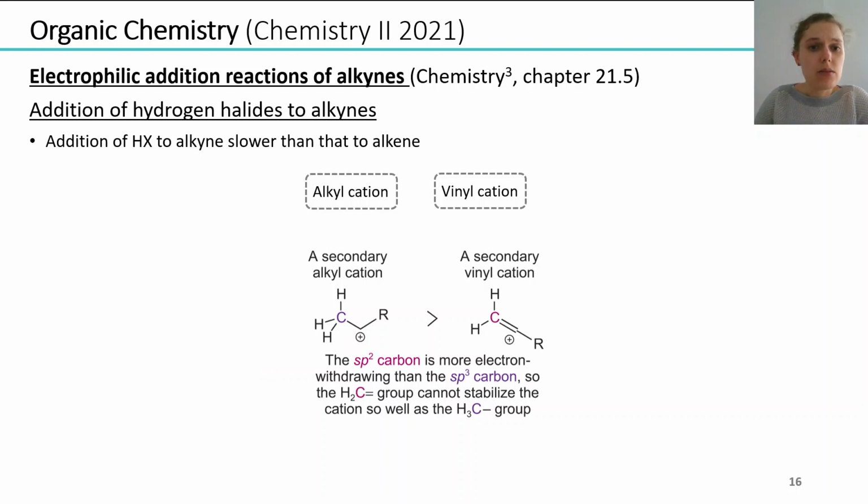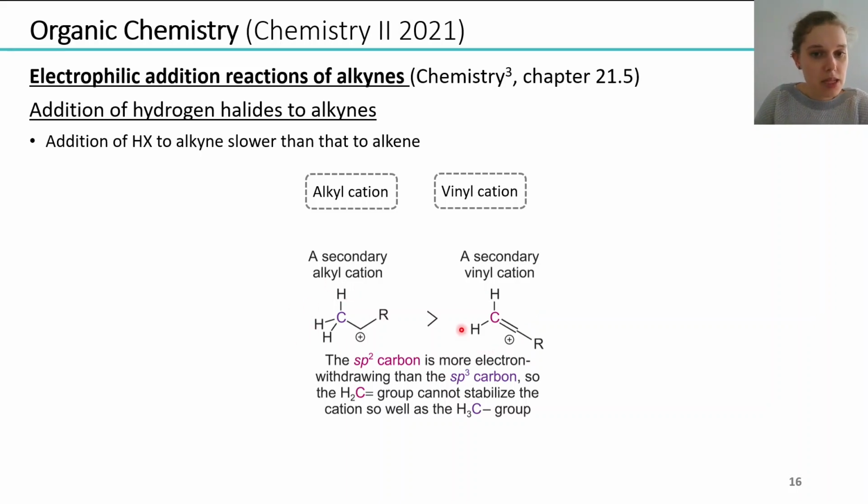Now we need to understand why the vinyl cation is less stable than a similarly substituted alkyl cation. We can explain this difference with the different electronic effects between an alkylidene and an alkyl group. The alkylidene group here has a stronger electron-withdrawing effect compared to this alkyl group here.